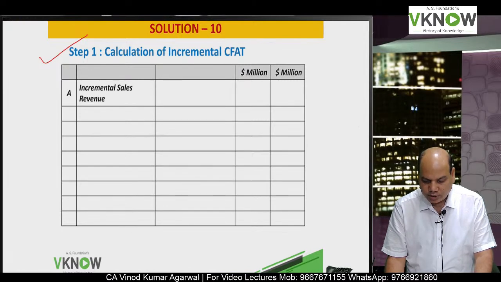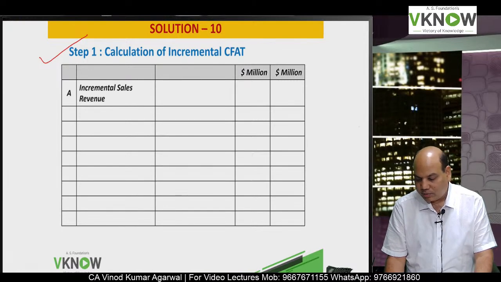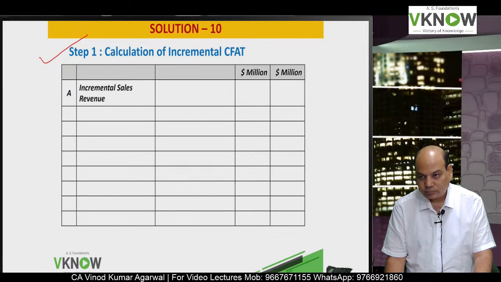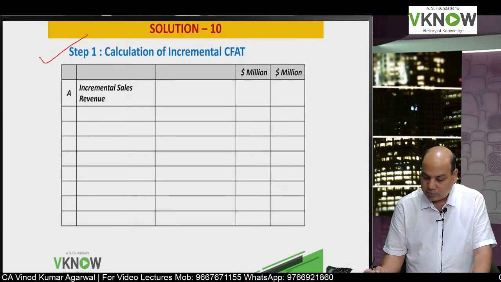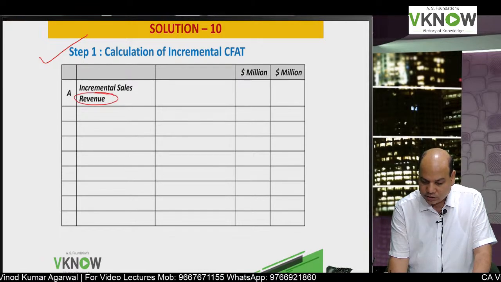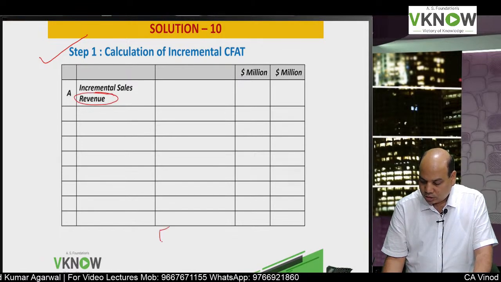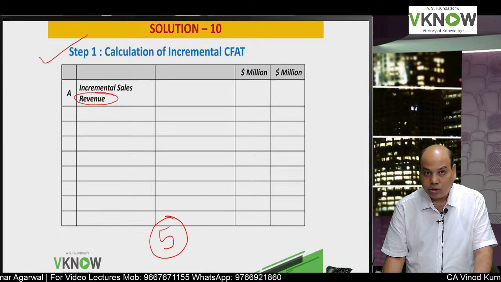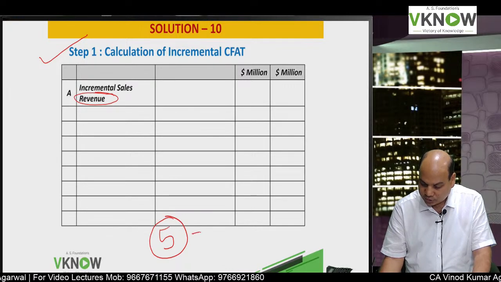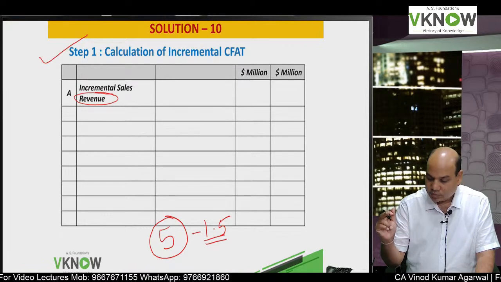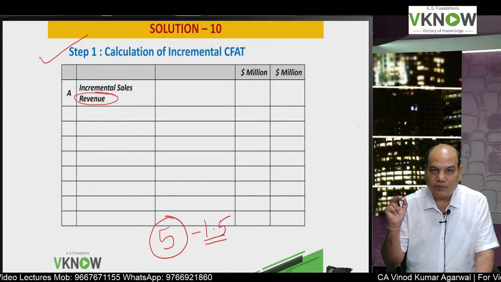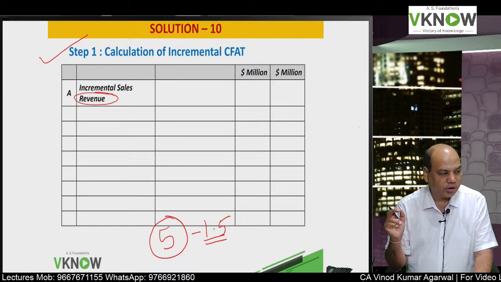Write down first point A, incremental sales revenue. So you have to think now, what will be incremental sales revenue? Now you will be selling 5 million units if you undertake this project. If you do not undertake this project, you will be selling in future 1.5 million units.